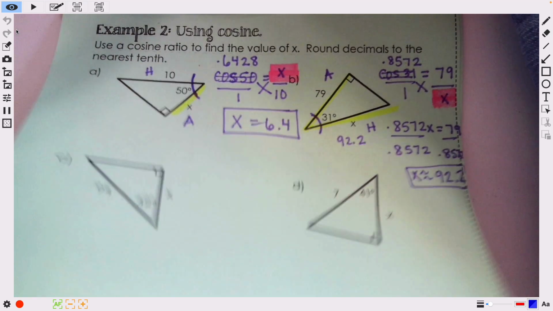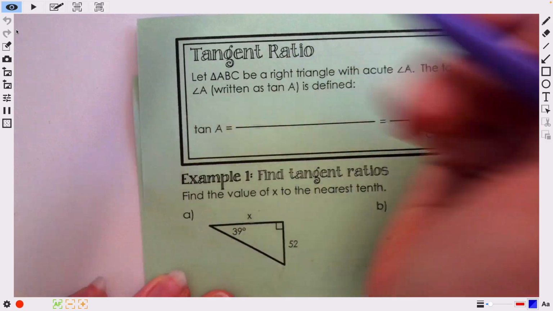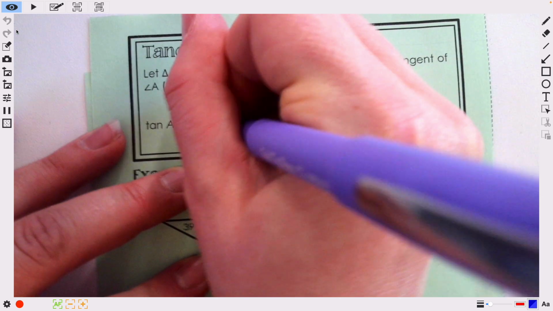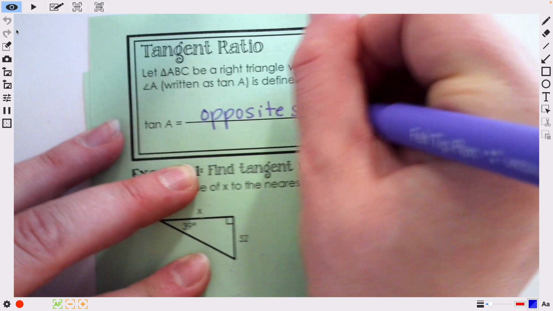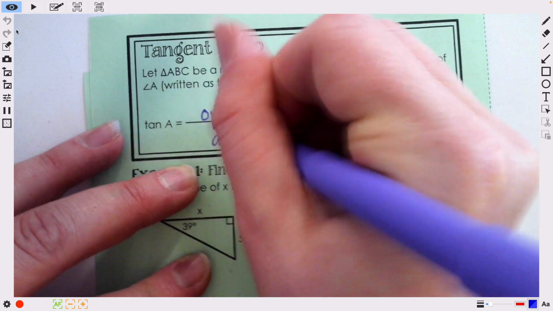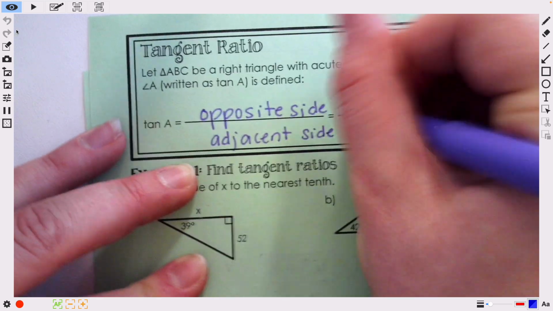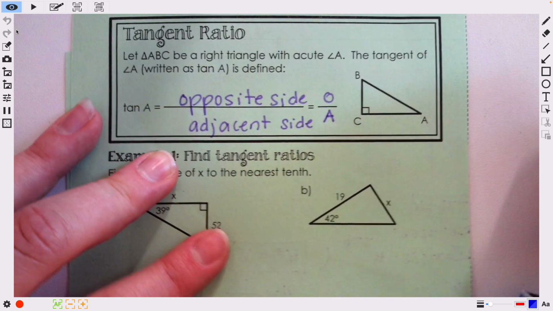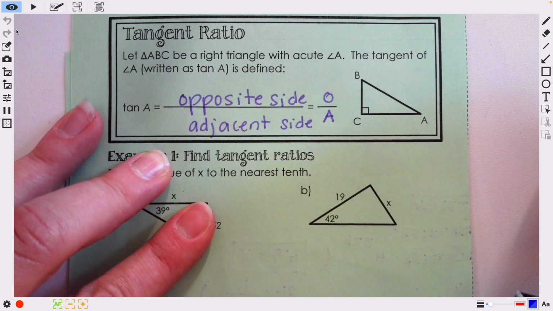The last one. Tangent. Tangent is the only one that doesn't use the hypotenuse. So tangent is the opposite side over the adjacent side. So O over A. So this one you have to be really aware of which one's the opposite and which one's the adjacent.